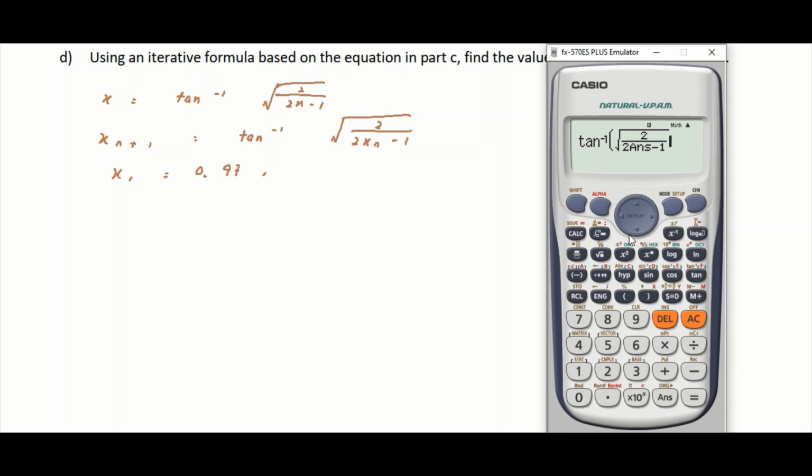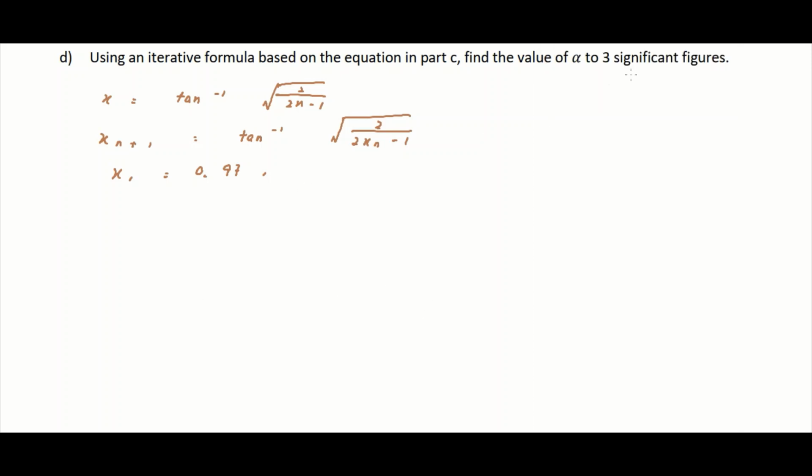You can see that you will get your x1, which is 0.9698. I think you can write down your answer to 5 significant figures in this case, because you are required to give your answer in 3 significant figures. Since your first value is 0.9, meaning you need 3 decimal places, so it's good that we try to do 5 decimal places here.